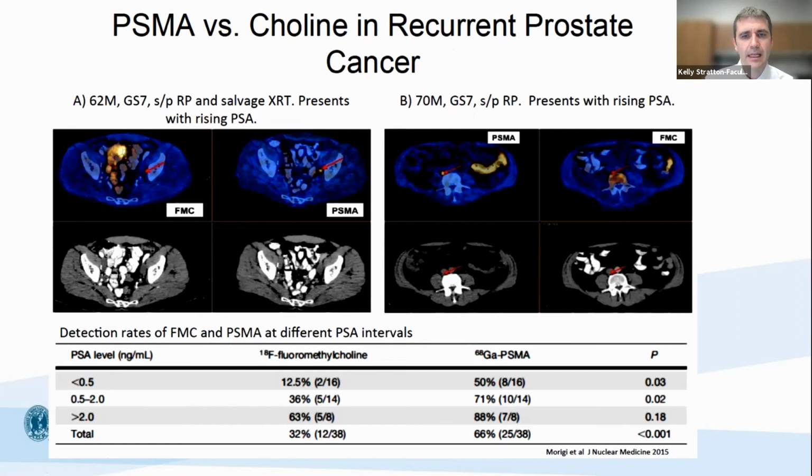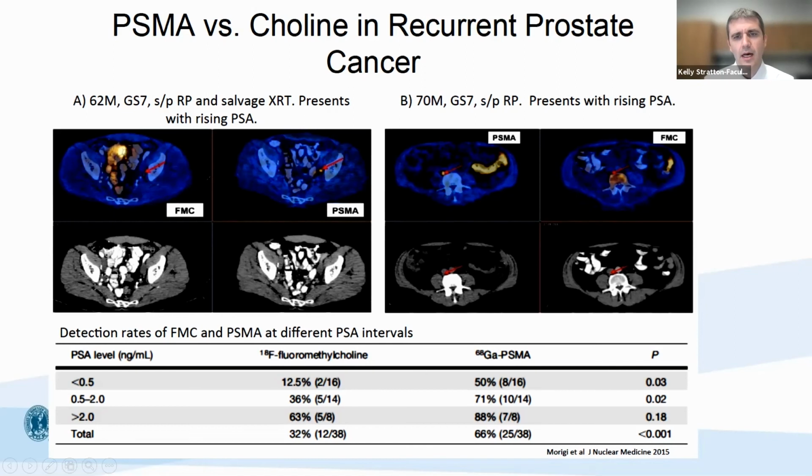And then when you look at the levels of PSA, whenever you can detect metastasis between choline PET and PSMA PET, you can see the comparison at a PSA greater than 2. PSMA PET is still higher at 88% versus 63%. As you go down to levels below 0.5, PSMA PET had a 50% detection rate versus choline PET a 12.5% detection rate.